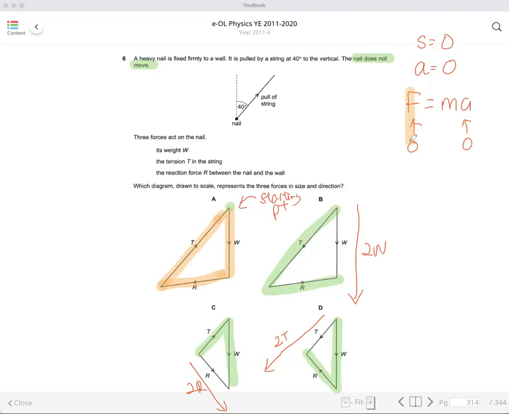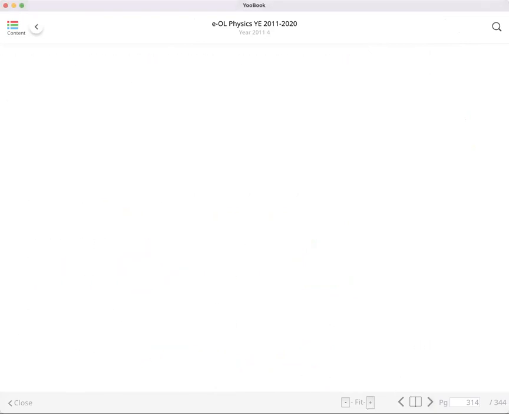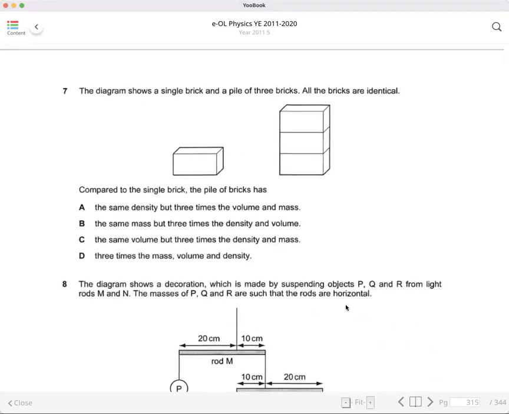So therefore, the force is 0. Get it now? Clear? Okay, let's do the next question. At least you learned something today. Bei Kwan, you understand also? Okay, do question 7. You all may begin.